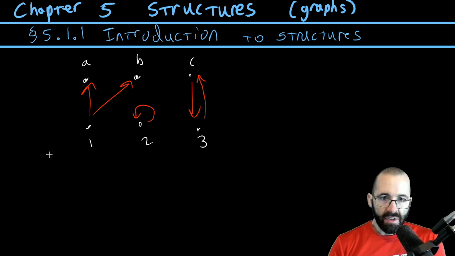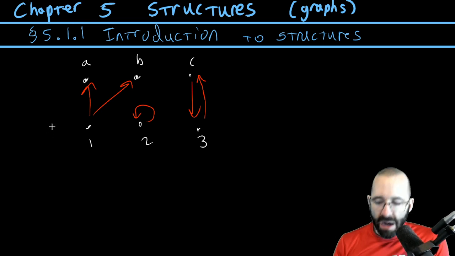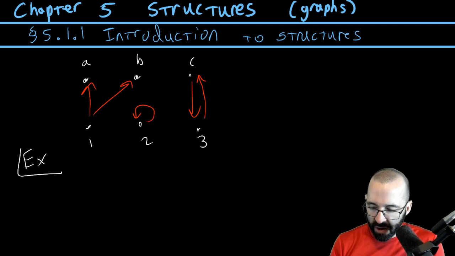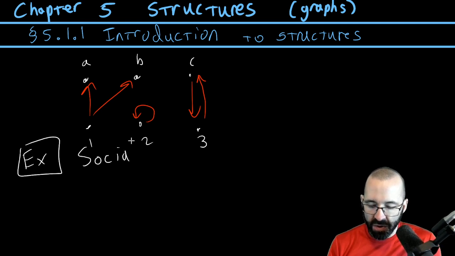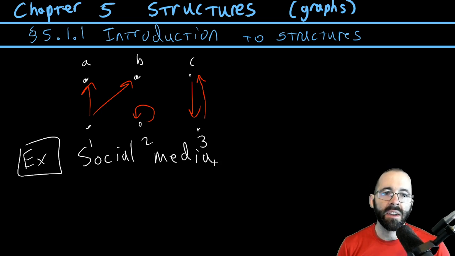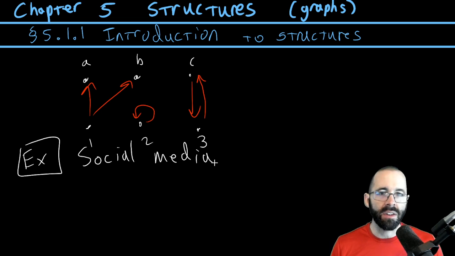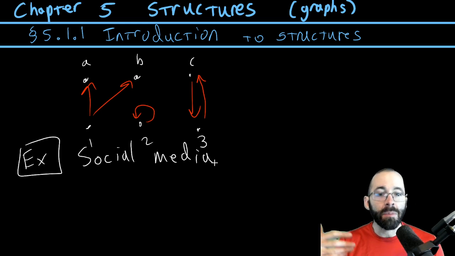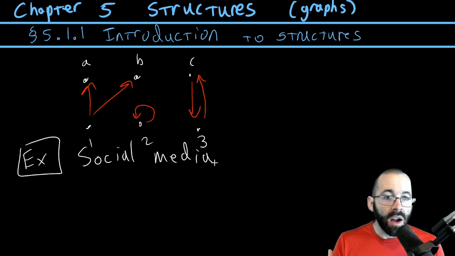So, just to give you a couple things to think about for things that we could use graphs for, we could visualize social media as graphs. So let's say we could create a graph of every Twitter user, currently known as X. Anyway, I'm not going to say that. Every Twitter user, right? We could make a digraph of all the people that those Twitter users follow. Now, this would be a huge graph.